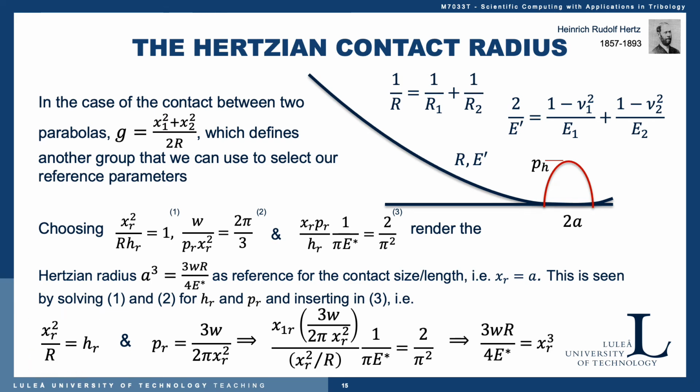And then when we have the expressions for HR and PR in terms of XR, we can substitute this into the third equation for the third dimensionless parameter group to obtain XR cubed equal to 3WR over 4E star, which is precisely the Hertzian radius cubed.